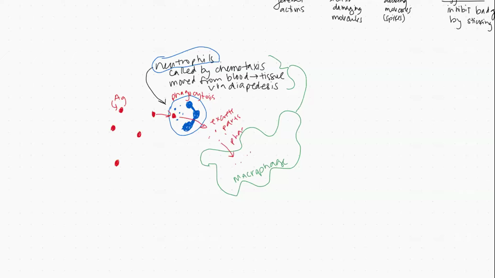And what they have eaten up, they are going to present on a molecule that we will call, starting to realize I'm going to run out of colors pretty quickly, MHC2.